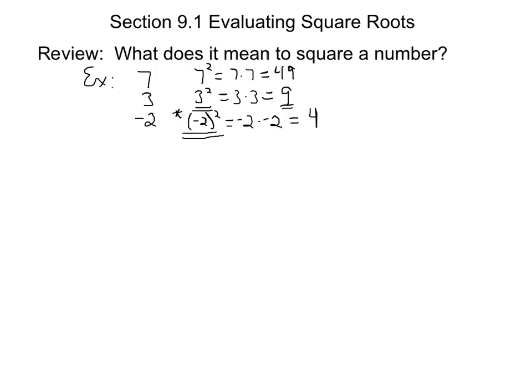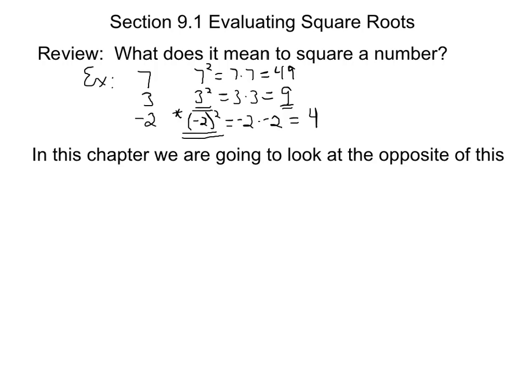Now, in this chapter, we're going to take and look at the opposite of this. So what do I mean by this? Well, what I mean is that we are going to now, for example, look at when does x squared equal 49? In other words, it's going to equal 49 when x is equal to what number?